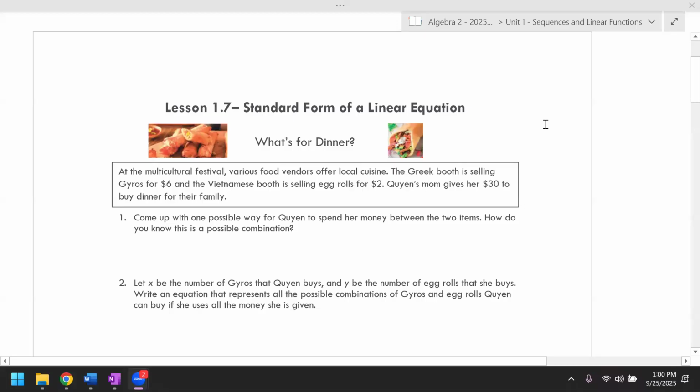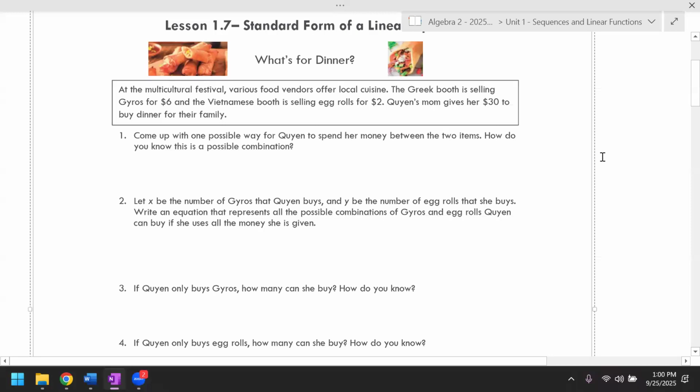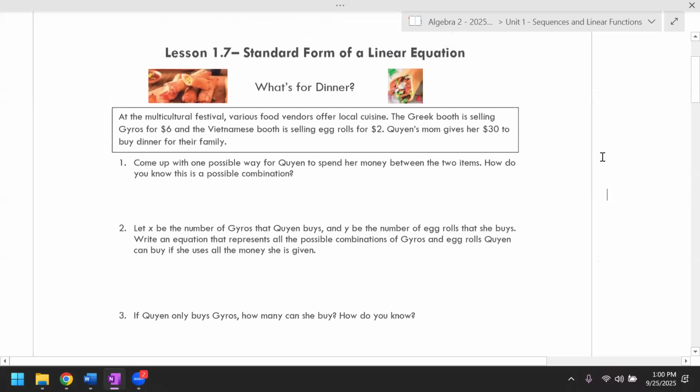Looking at this, what's one way that she could feed her family with those $30? What's a combination that she could use?